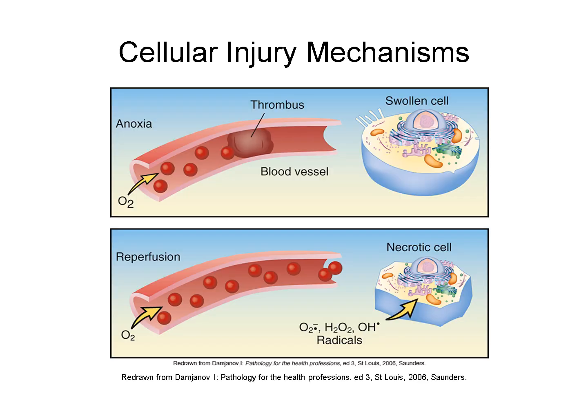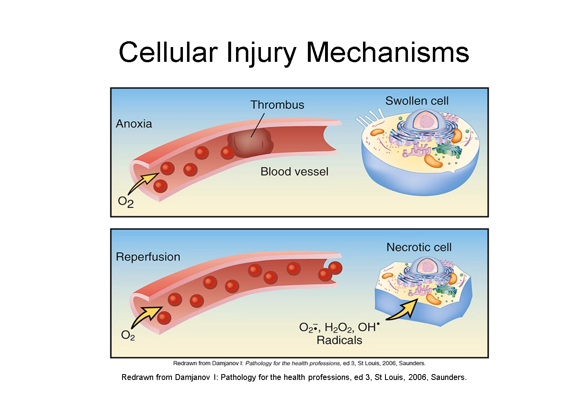event. This diagram illustrates the process of ischemia-reperfusion injury. In the upper image, an obstruction in the blood vessel, such as a thrombus, causes anoxia, leading to swelling and damage of the affected cells.